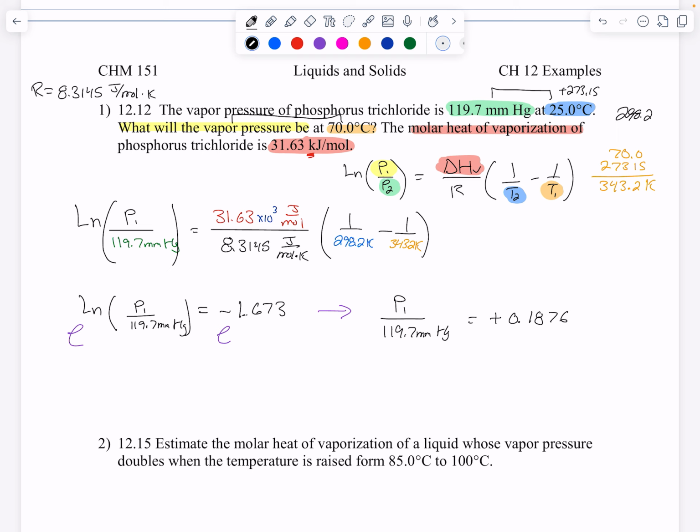Then I have to multiply both sides by 119.7. So for P1, I get 638 millimeters of mercury.